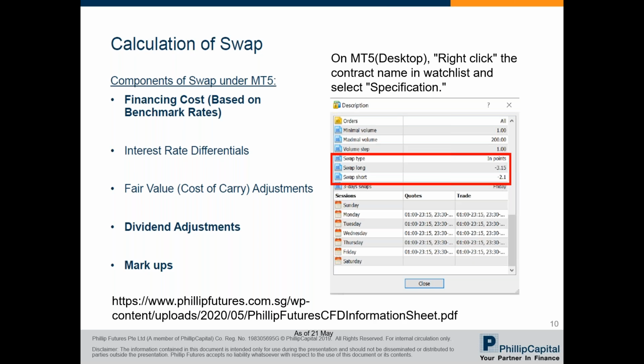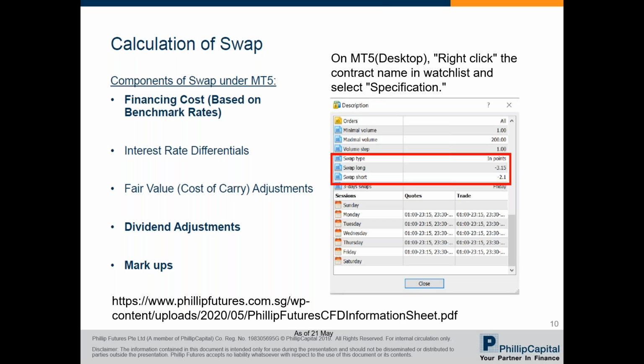On your MT5 desktop, in your live account, simply log into the MT5 platform, right-click on the contract name in the watch list, and select the specification. You can then scroll down and look out for the swap long and the swap short that's indicated. So the swaps for a day will be shown inside the MT5.